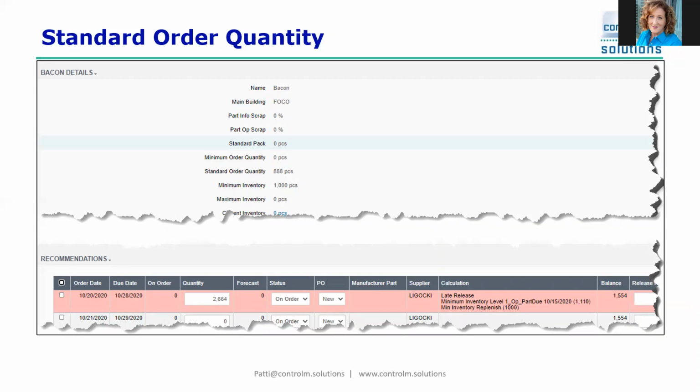If you divide 2,210 by 888 standard order quantities, that's 2.376. Plex is going to round that up to 3 standard order purchases, which is 2,664. And it still assumes we're going to use 1,110 to make those finished goods. That's why we have a balance of 1,554 left.